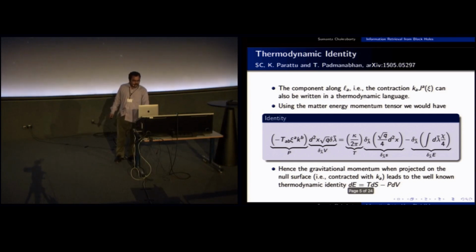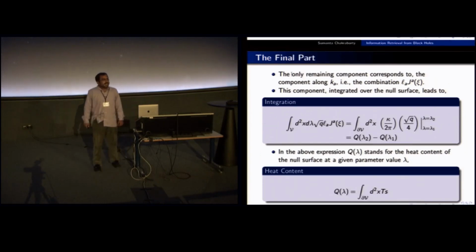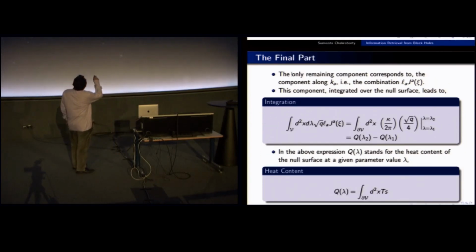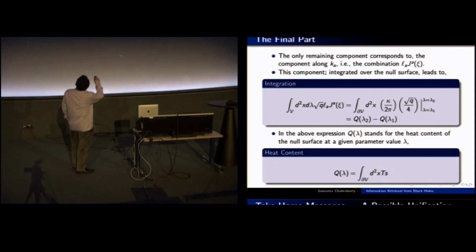Now let us go to the final part of this equation, which corresponds to the other remaining component, that is taking the Lie derivative of xi. In this case, it turns out that this quantity, if you integrate over the null surface with proper volume measure, then it essentially turns out to be a surface integral. So you have a d2x, and it has 2 parts. One is kappa over 2 pi, and the other one is root q over 4.